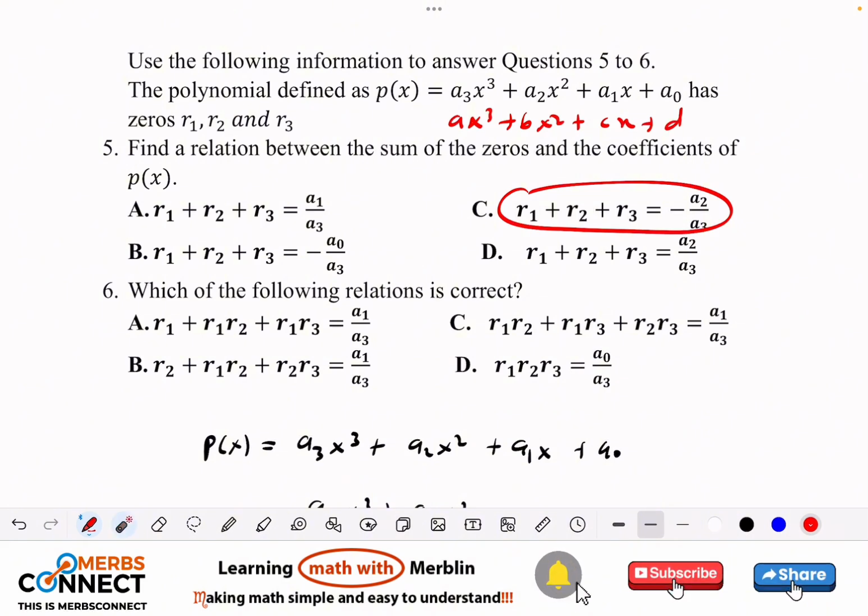Plus d. Then the result here is equal to minus b divided by a, the same as the sum of roots. But the idea is the same as the quadratic, right? Like b divided by a, with the minus. Is that right? Good.